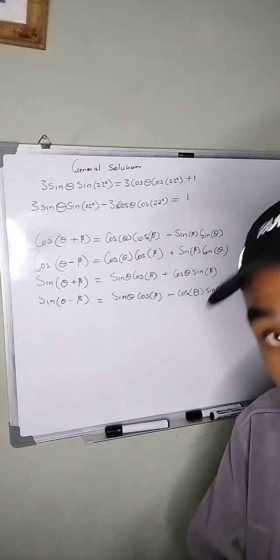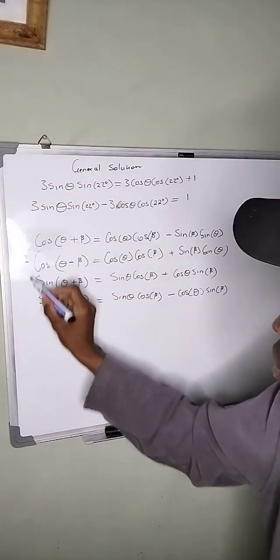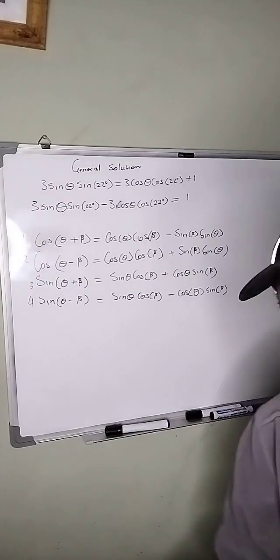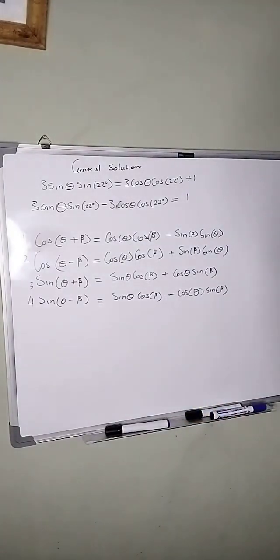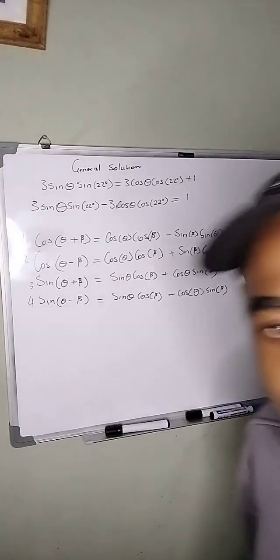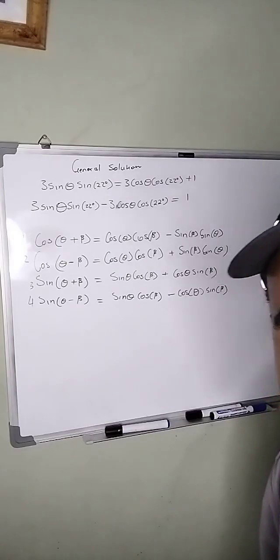So which one takes the cup between number 1, number 2, number 3, and number 4 on this question of the general solution? Which one can work for us in that case? In that case, now you got the clarity.